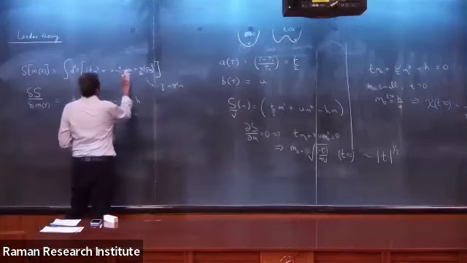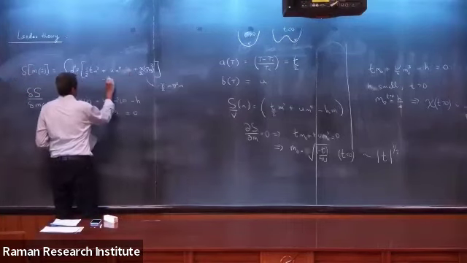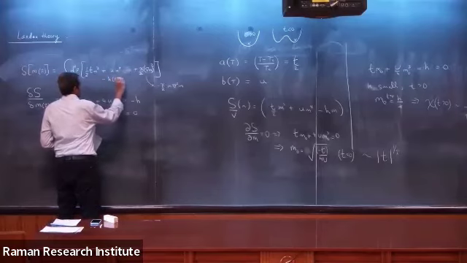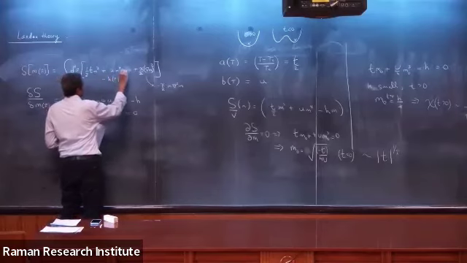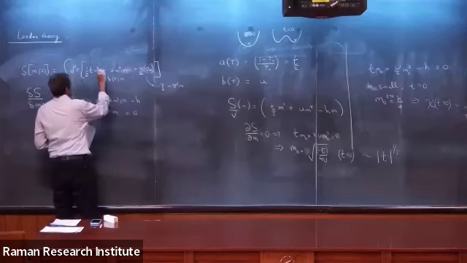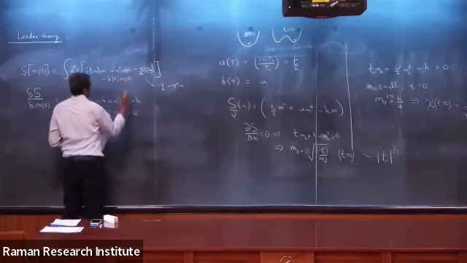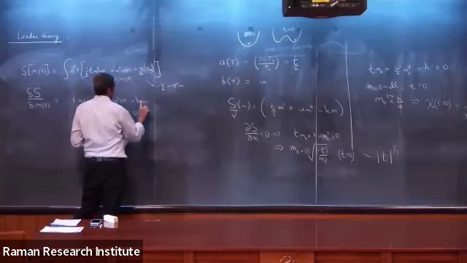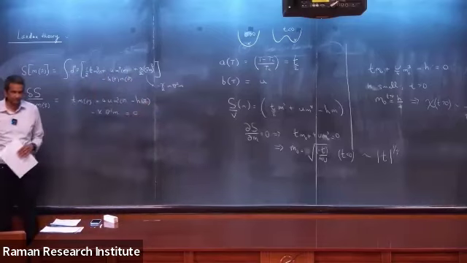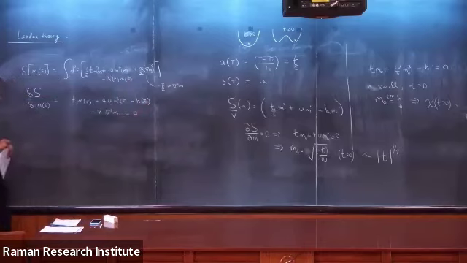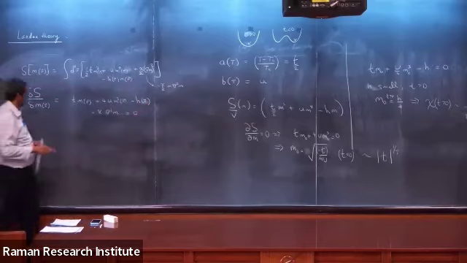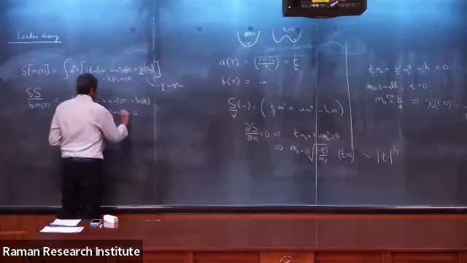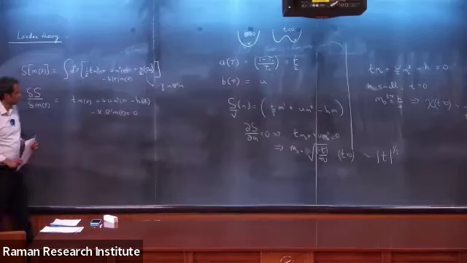In general, this field need not be a constant, so let me call it h of r. And here all the m's are functions of r. So this is also going to be some h of r when you take the functional derivative.